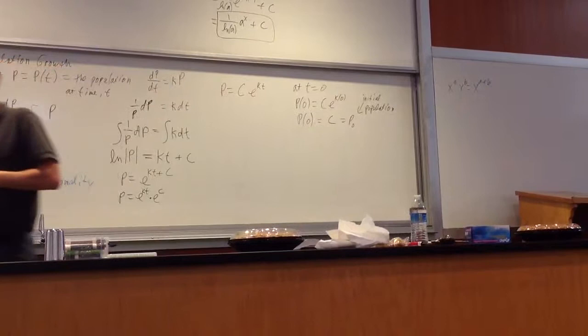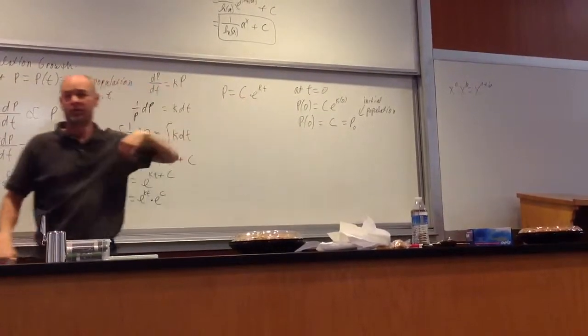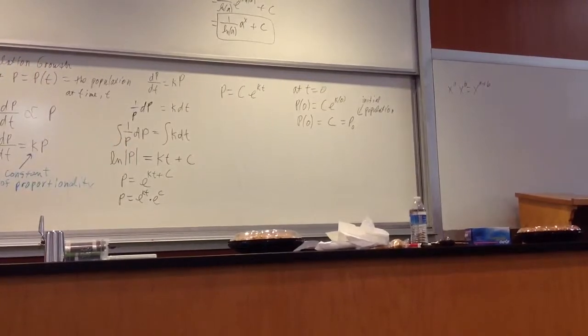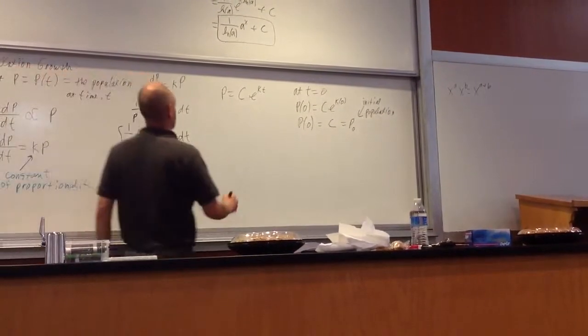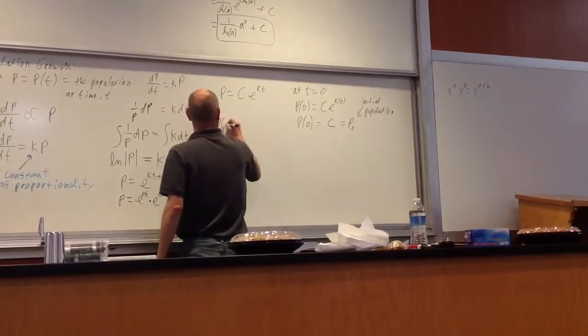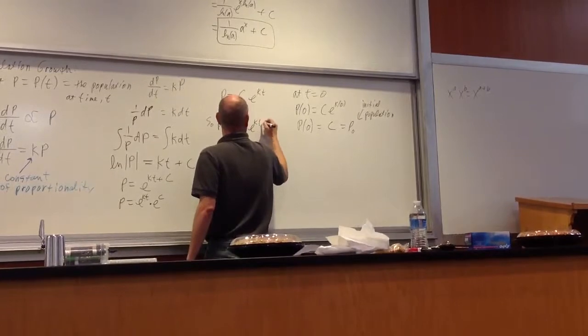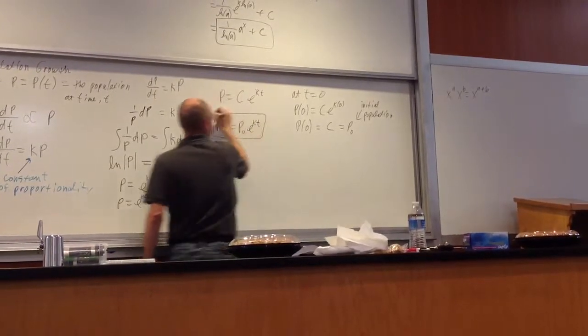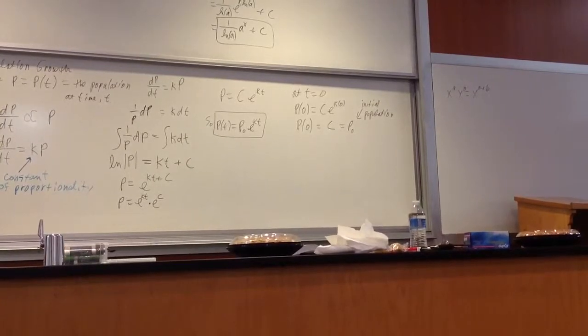So our constant, our new capital C, is actually the initial population. This will be important to us in the later section.